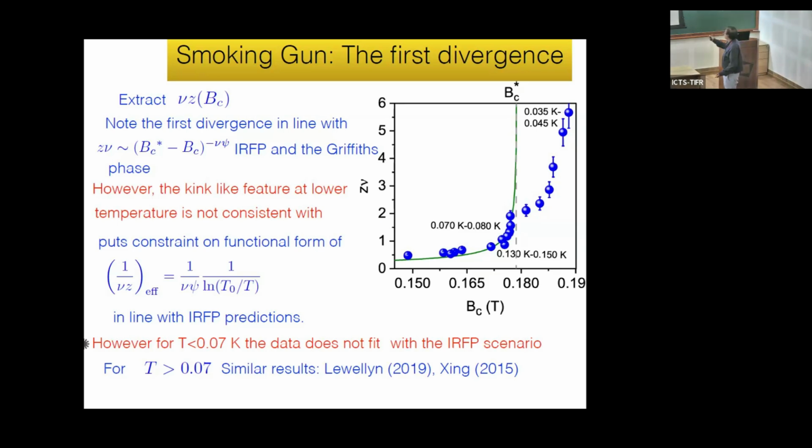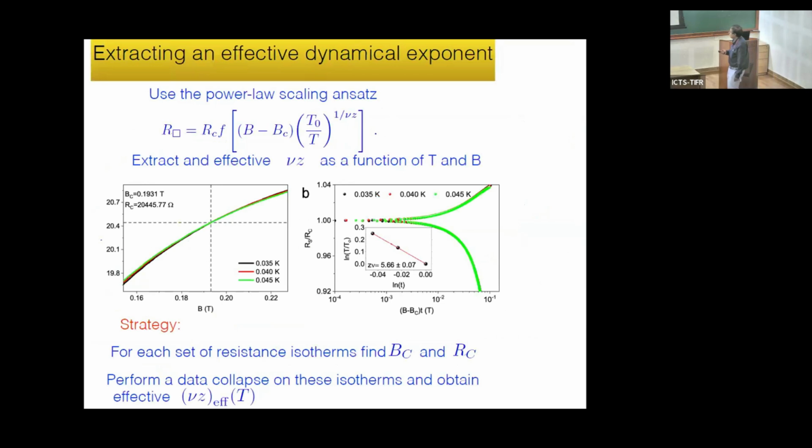So this is something completely new, and it is not consistent with whatever is known. See, the point is that this essentially assumes that there is power law scaling involved. So whatever interesting features there are is encoded in the effective divergence of nu z.